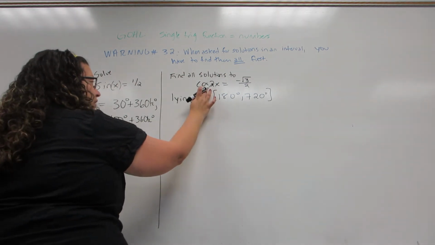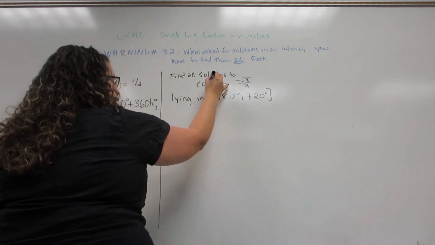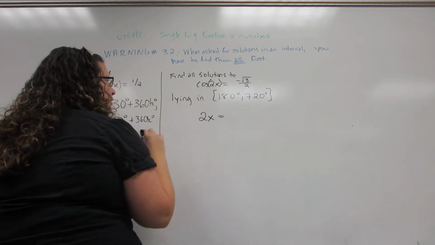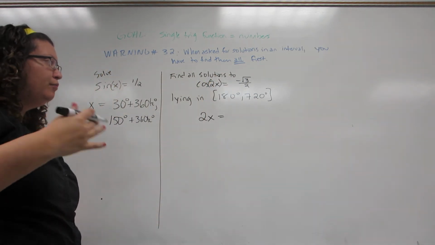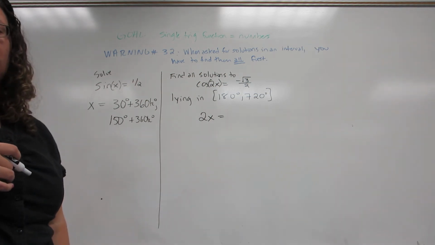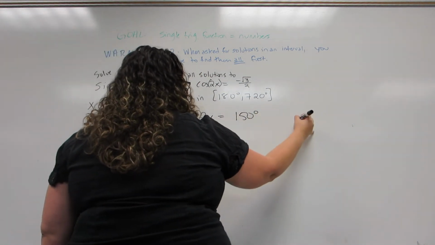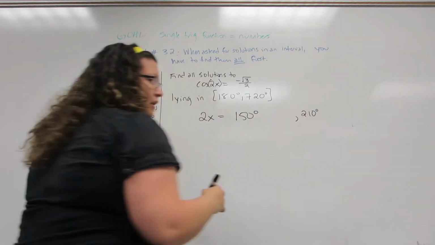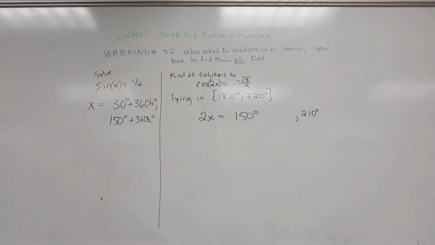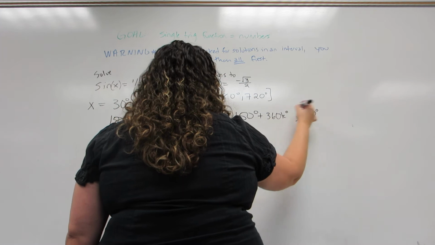So, I have a single trig function equal to a number. This thing inside the cosine, the 2x, is going to equal all the places on the unit circle where cosine is negative square root of 3/2. And that's 150 degrees and 210 degrees. Okay. Now I need to put the plus 360k on both of these.